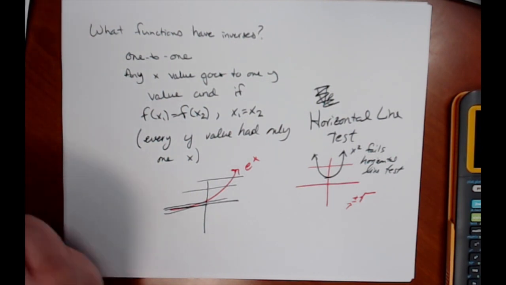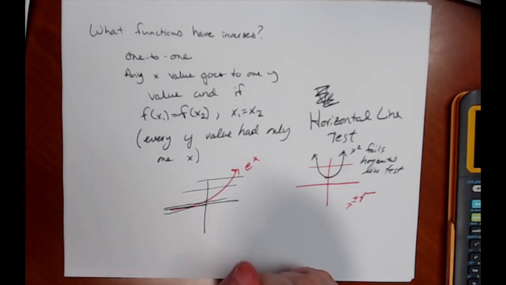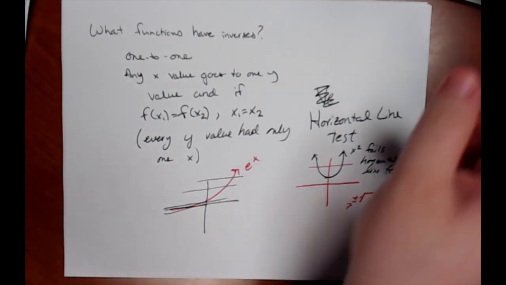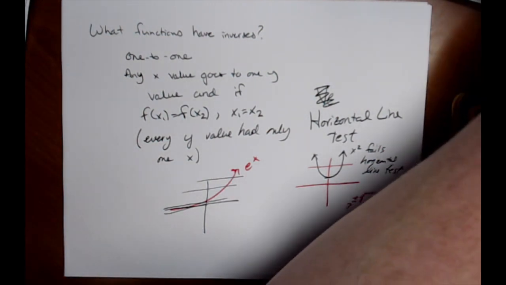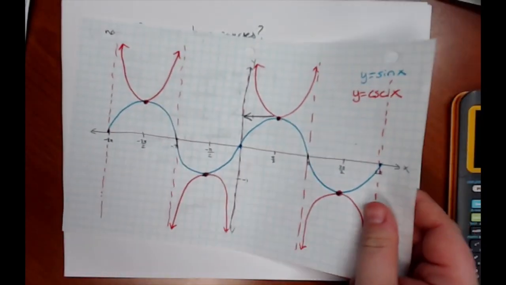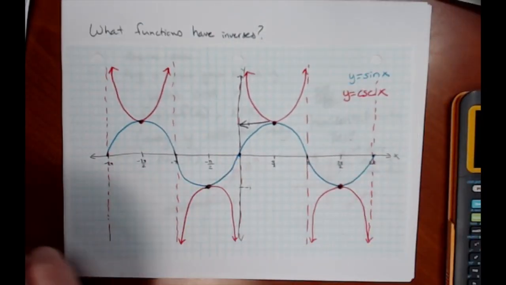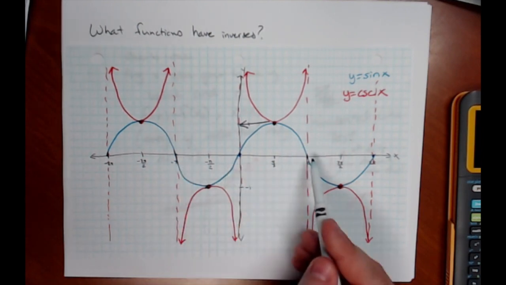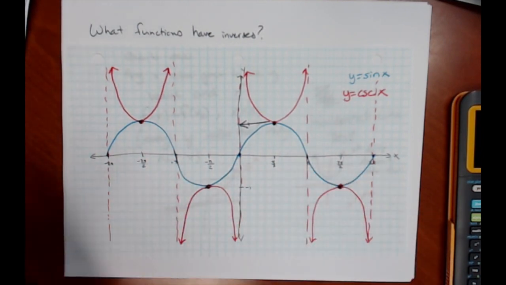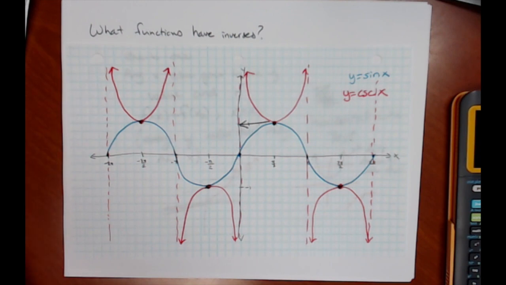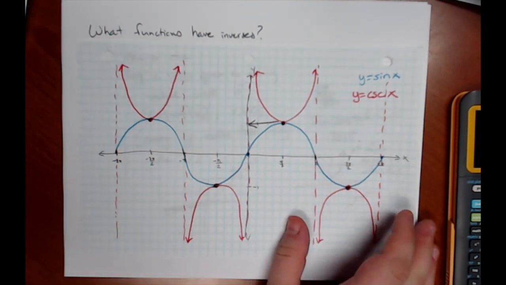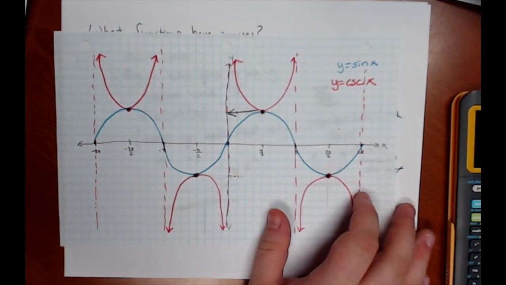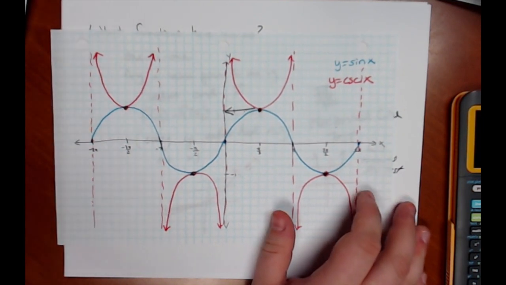And so if you're thinking about the horizontal line test and you're thinking about the sine function, you're like, well, surely the sine function is going to fail the horizontal line test, because if I draw a line here, it's going to intersect here and here and here and here. Well, what we'll do is we'll give ourselves a limitation to work around that.